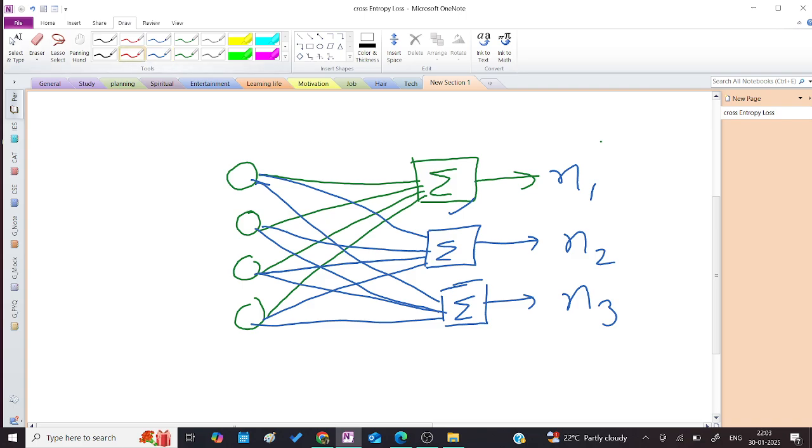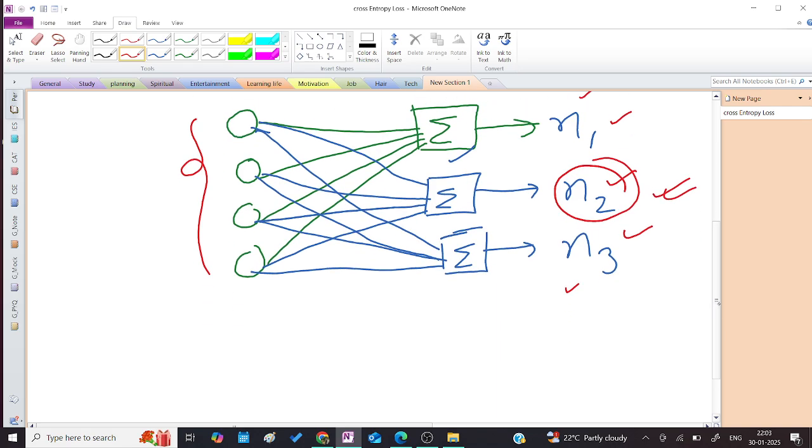Out of n1, n2 and n3, whichever number is the greatest, suppose n2 is the greatest, we say that this input belongs to the n2 class.